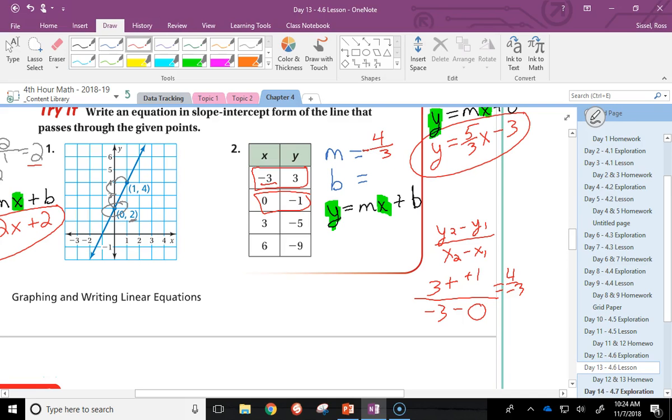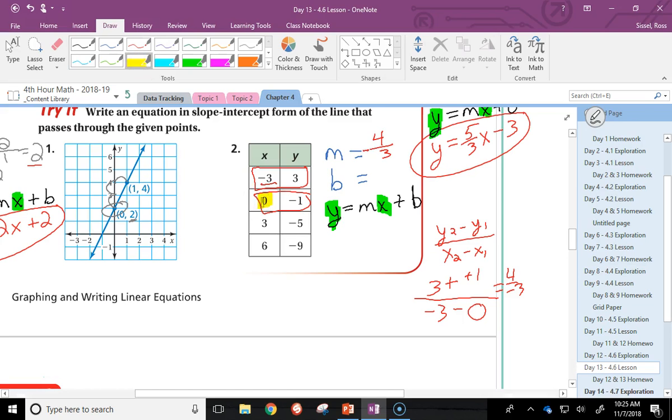My slope is 4 over negative 3, or I can just say negative 4/3. To be honest, you can put your negative sign anywhere you want. I could say negative 4 over 3, or I could say 4 over negative 3. It will come out the same. What is my y-intercept? I got negative 1. How'd you get negative 1? Because on one of them, x equals 0, so that's your y-intercept. Perfect.